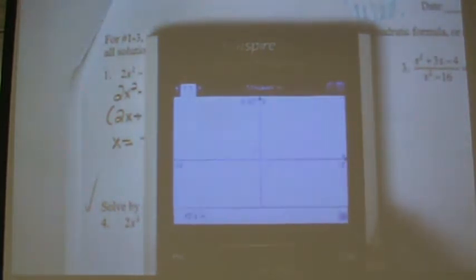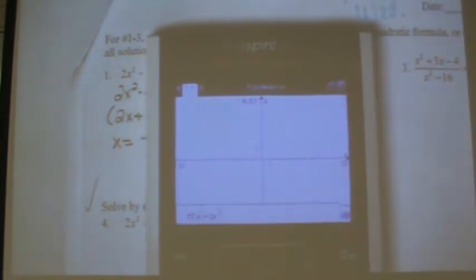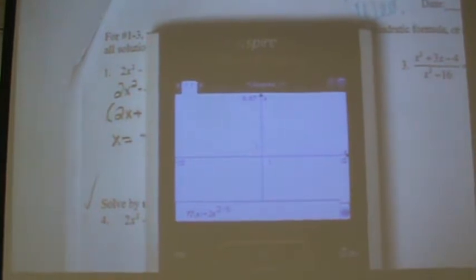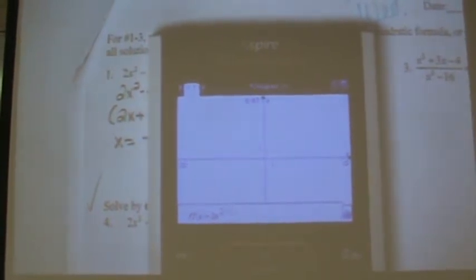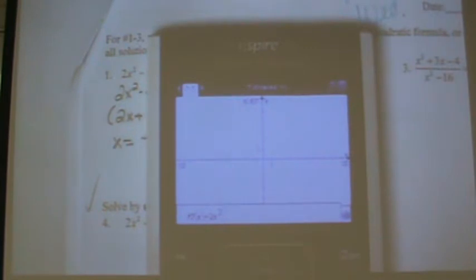So, you're going to type in 2x squared, -3.